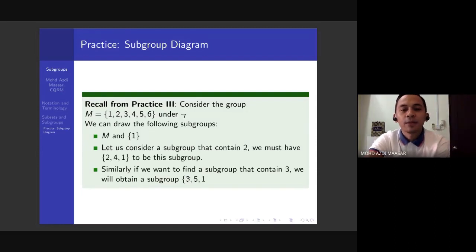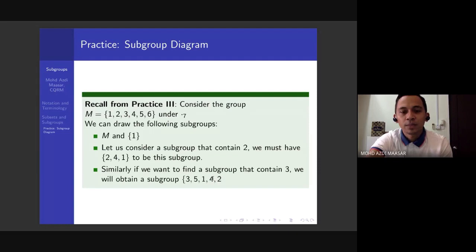3 multiplied by 3 is 9, and 9 modulo 7 is 2. So 2 needs to be there. And then 5 multiplied by 5 is 25, and 25 modulo 7 is 4. So 4 needs to be there. 1 also needs to be there, because 1 is the identity. And then it needs the closure property.